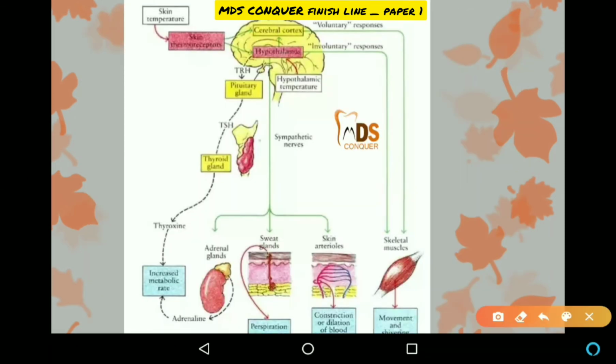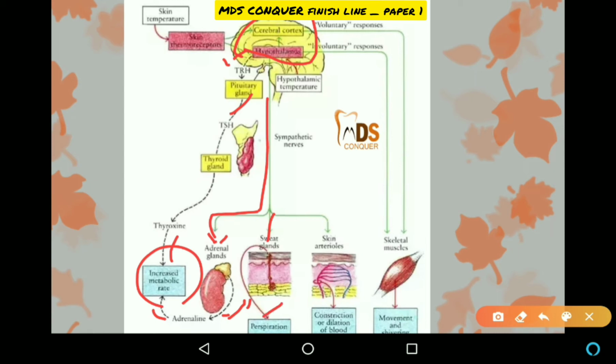This is a physiological thing where our temperature is maintained by the hypothalamus, which regulates the pituitary gland, then the thyroid gland which produces thyroxine, increasing metabolic rate. Because of this hypothalamic temperature control, you'll see the adrenal glands increase metabolic rate.